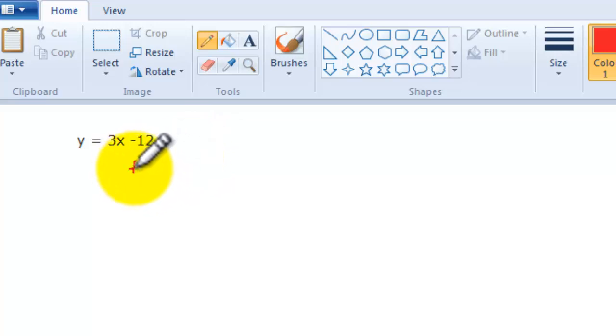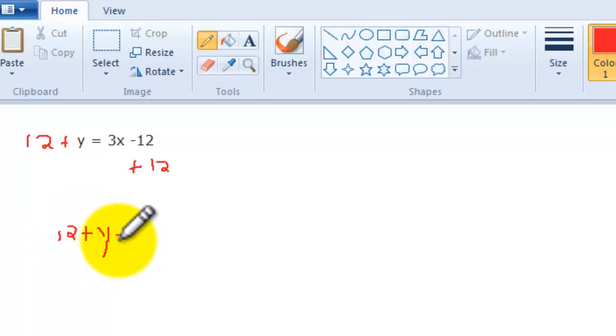So plus 12 for each side. And of course, if you're going to add 12 here, you can't really do much but just write it out. So 12 plus y equals 3x, because of course this cancels out.